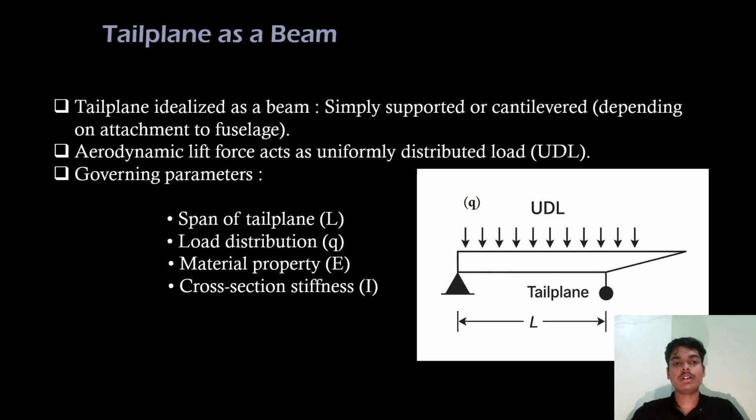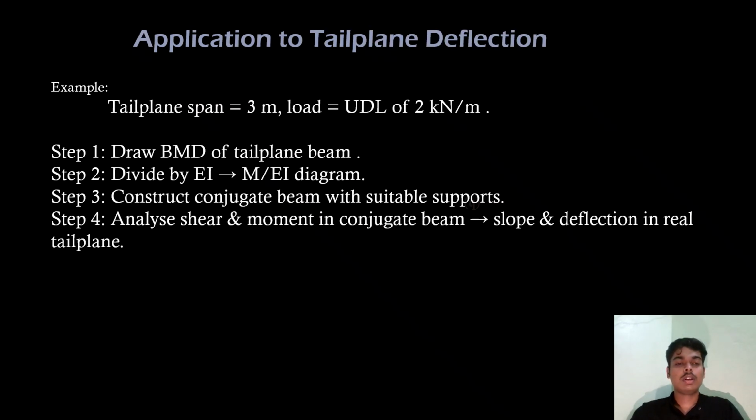The aerodynamic lift force acts as a uniformly distributed load, UDL. It has governing parameters like the span of the tailplane, meaning length, load distribution q, material property E, and cross-section stiffness I. Now, taking an example to solve the problem by the conjugate beam method.